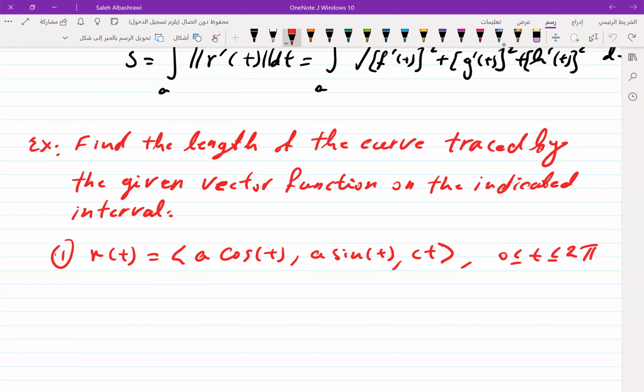So we need to find the length of the curve given by, or traced by, this vector function.